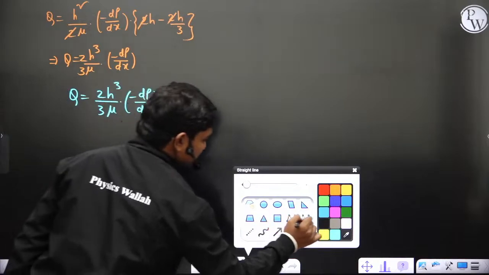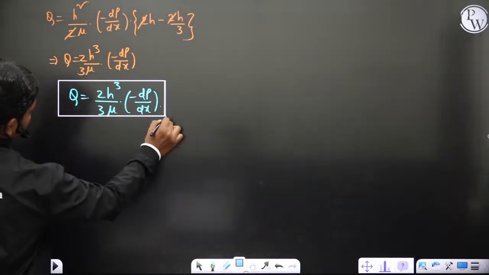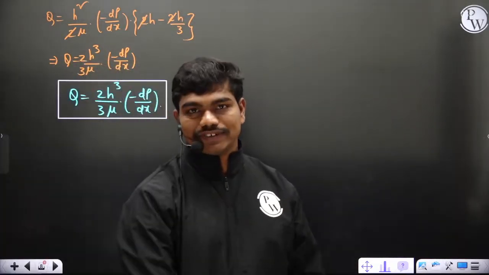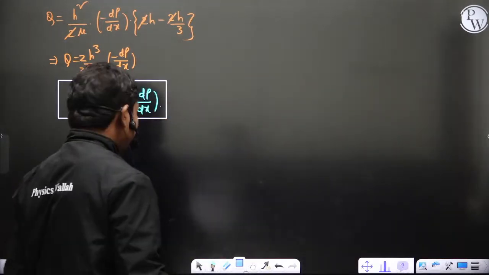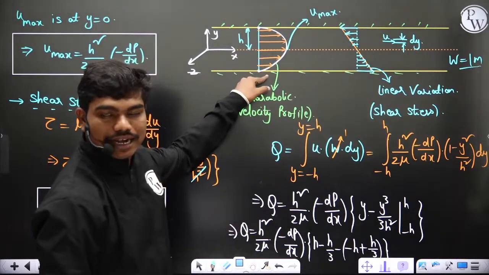You might have seen this expression, right? Why am I calculating discharge? Because I want to calculate the average velocity. What is the average velocity of the flow? Practically, the velocity varies at any cross section as per a parabolic variation.